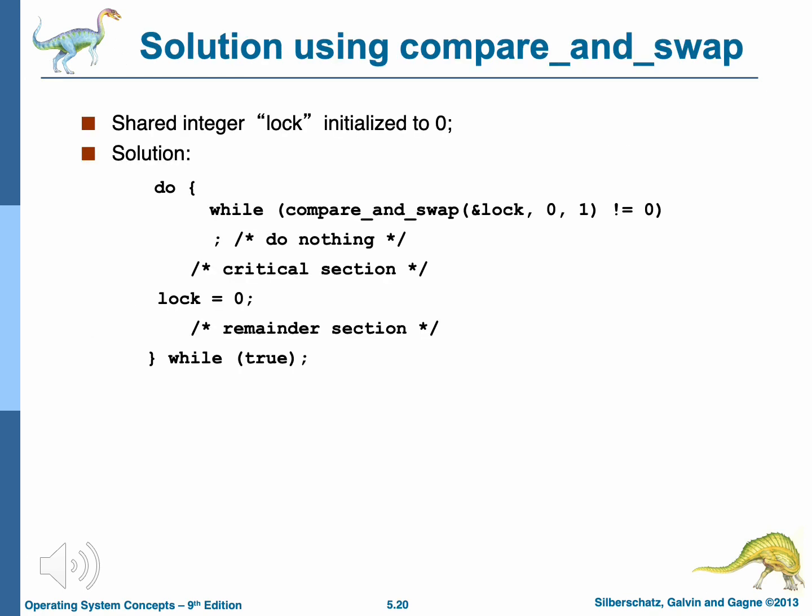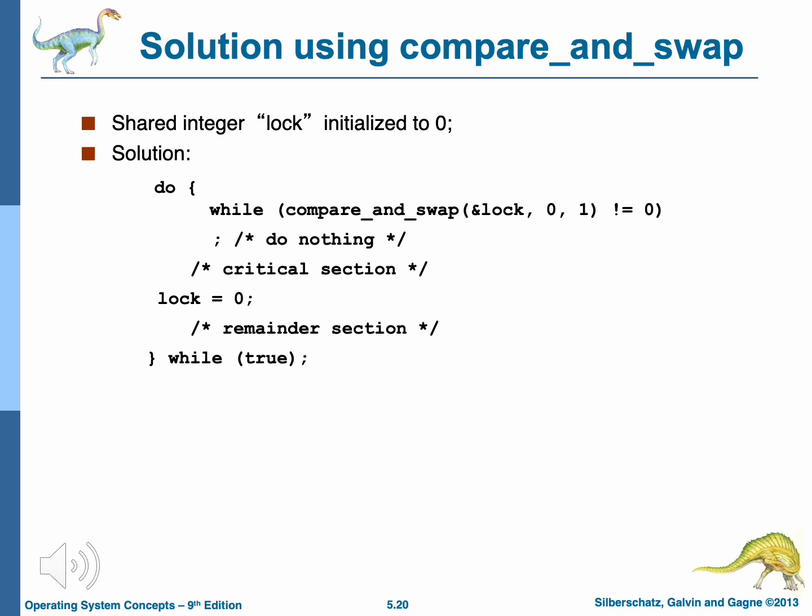Mutual exclusion can be provided as follows. A global variable lock is declared and is initialized to 0. The first process that invokes compare and swap will set lock to 1. It will then enter its critical section because the original value of lock was equal to the expected value of 0.